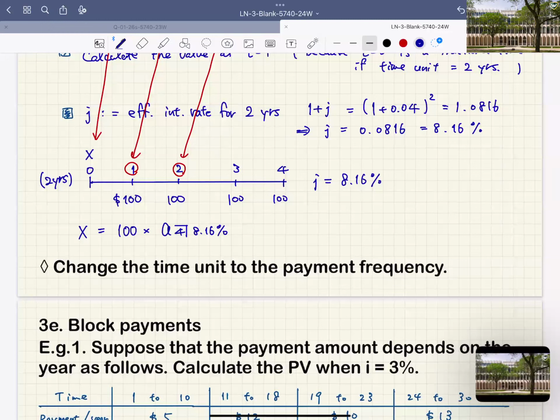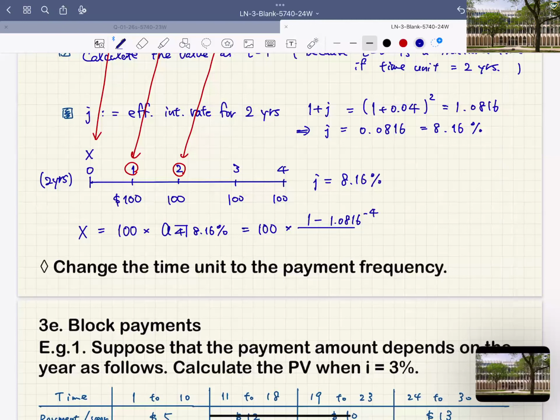So 100 is 100, and for this one you can use the formula or you can use the calculator. This is 1 minus v to the power n, so v to the power 4. That is, the v is 1.0816 inverse.